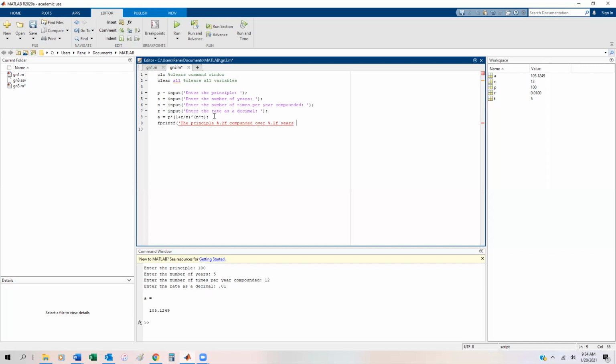And let's say compounded percent 0.2f times per year. I know it's spelled compounded wrong.